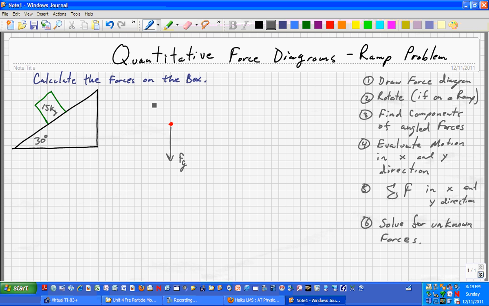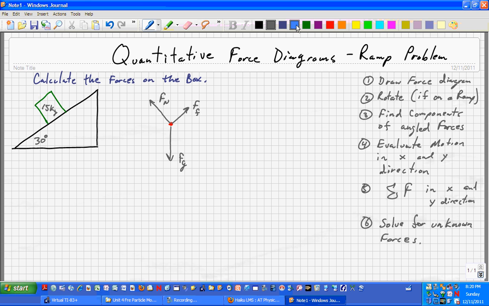So I've got this box sitting on this ramp, and I've got a normal force acting off in this direction, and then I've got the force of friction. Since the problem does not state that it's frictionless, I do have to consider friction. So I've got friction working up the ramp in this direction.